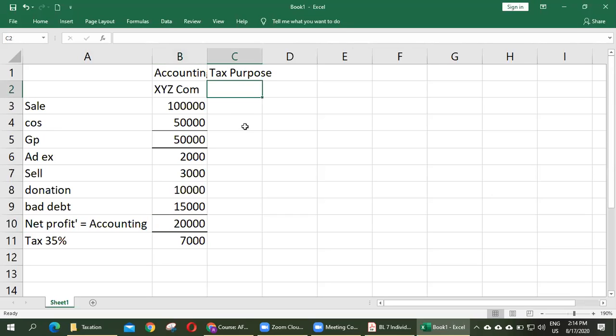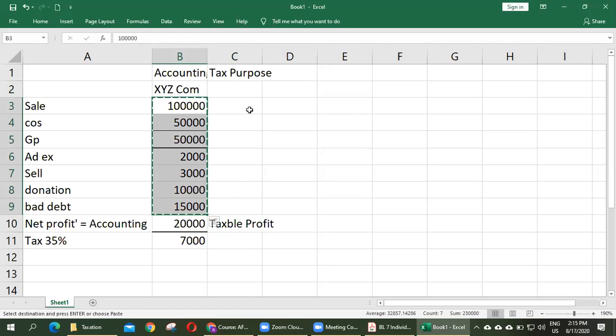But tax purpose means taxable profit. We have to calculate taxable profit. We arrived at this 20,000 by following the accounting standard. We have to find the taxable profit based on the Inland Revenue Act.